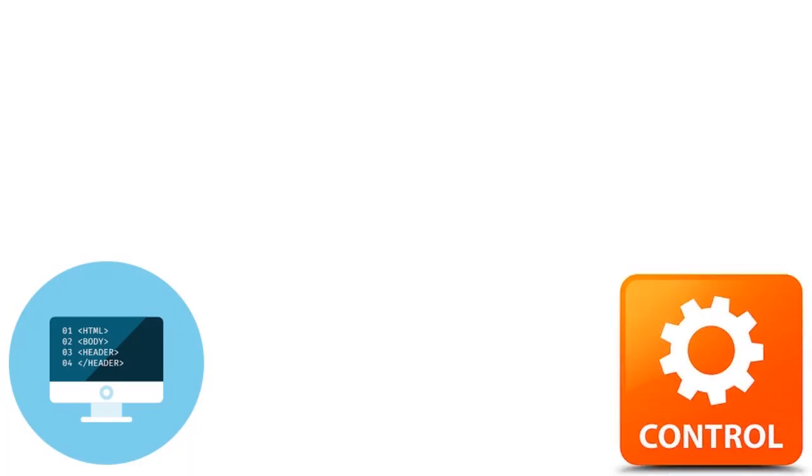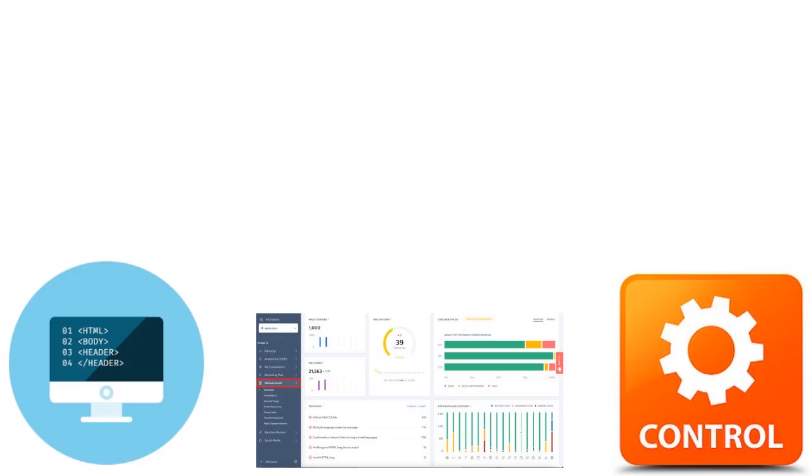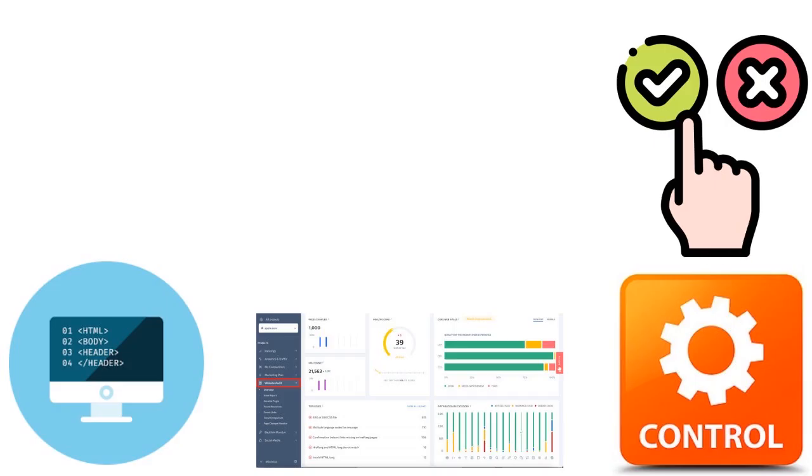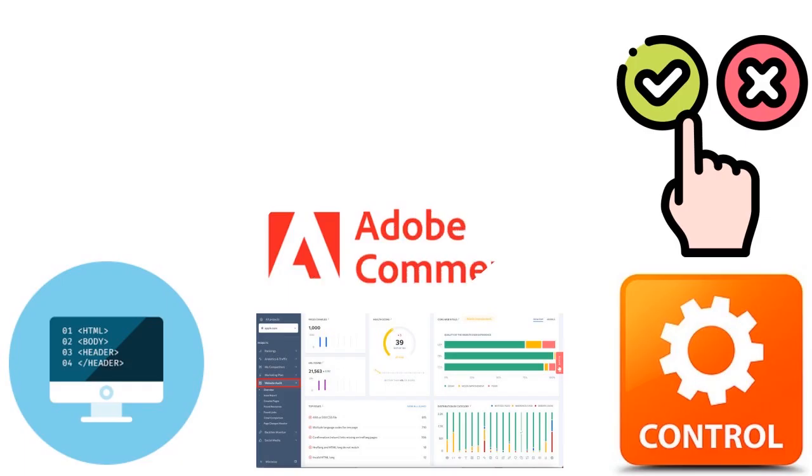But it also means that you don't have as much control over the look or functionality of your site, because you have a preset, and you have to choose what they're giving you. I'm speaking about BigCommerce, but this is not the case with Adobe Commerce Magento. Magento requires more technical expertise to get started.